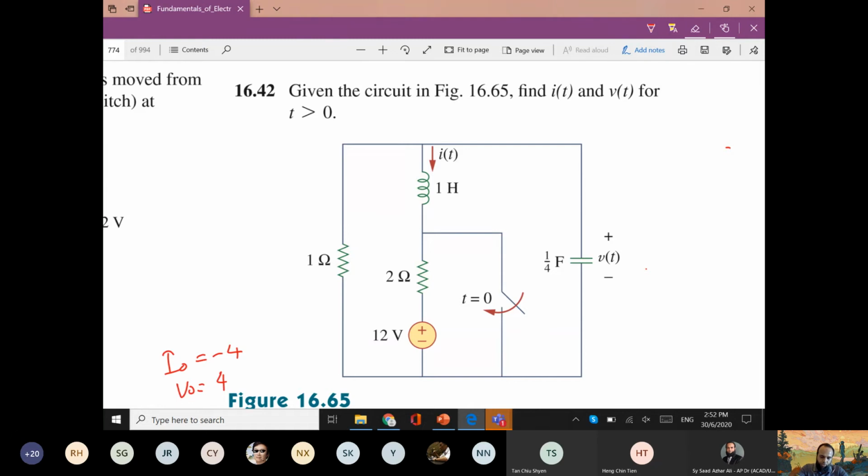All right. So now we have both I0 and V0 as well.